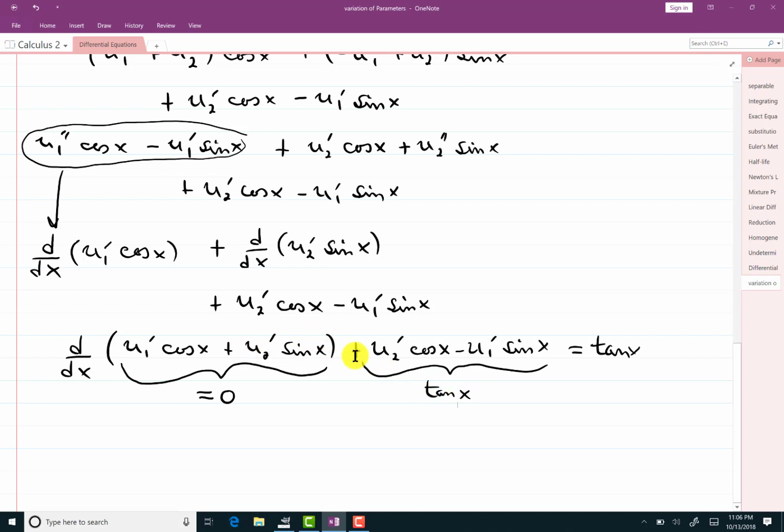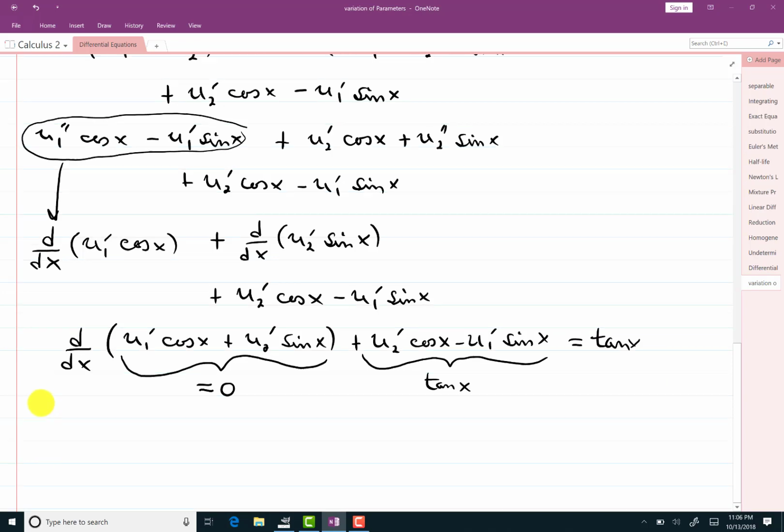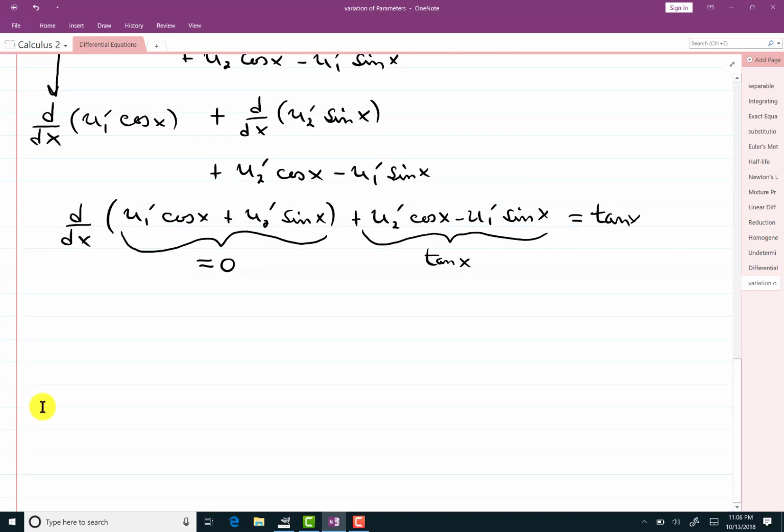That way I'll get 0 plus tangent of x will equal tangent of x. So there's two equations that I want. u1 prime cosine of x plus u2 prime sine of x. Set that equal to 0, and the other one will give me the tangent x that I'm looking for.